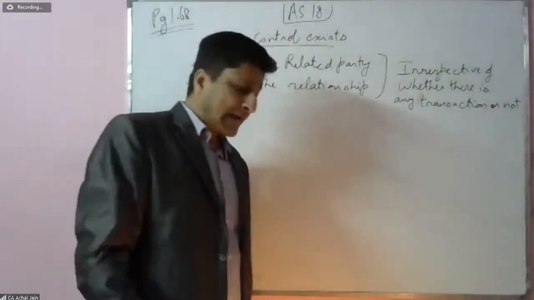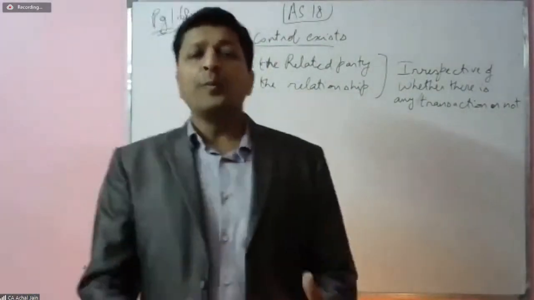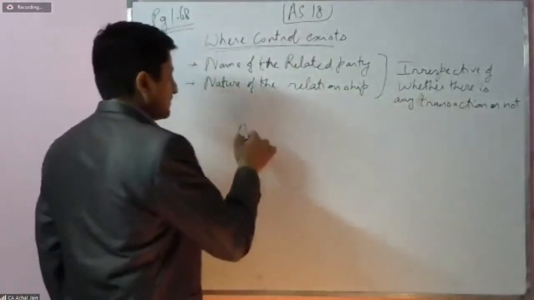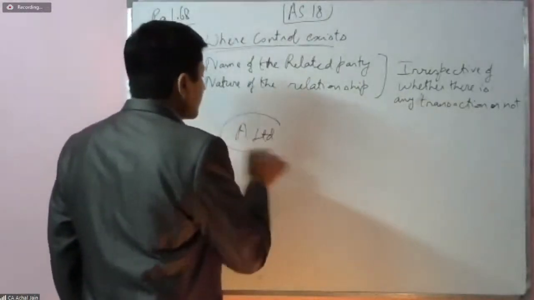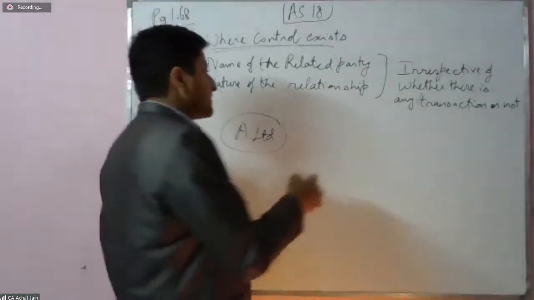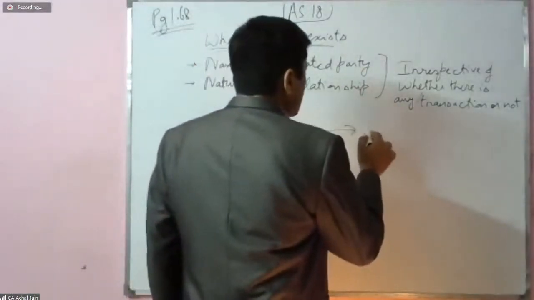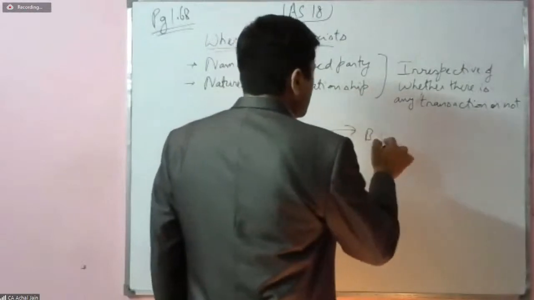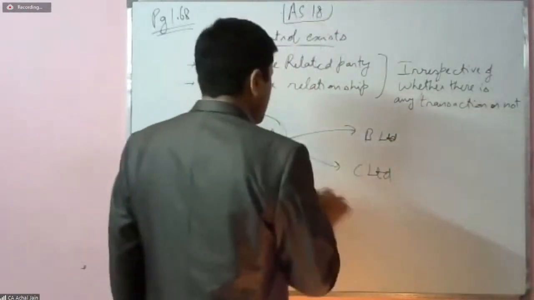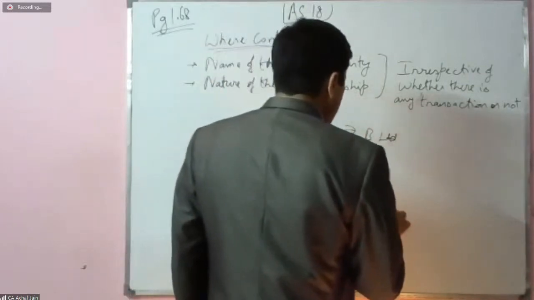Now please understand, the moment we make two parties as related parties. So let's suppose for A Limited we are checking who all are related parties. Say we are establishing B is related, C is related, D is also related.